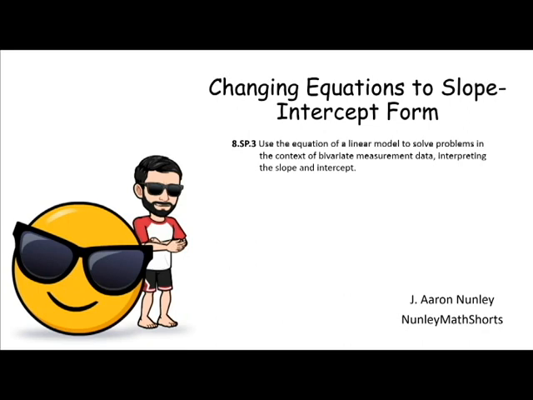You'll notice that we are starting with changing equations to slope-intercept form. And in my class, we will have talked already about graphing linear equations or linear functions. We define a linear function or a linear equation as any pattern that has a starting point and a constant rate of change. And we talk about the fact that those patterns can be expressed in the form y equals mx plus b.